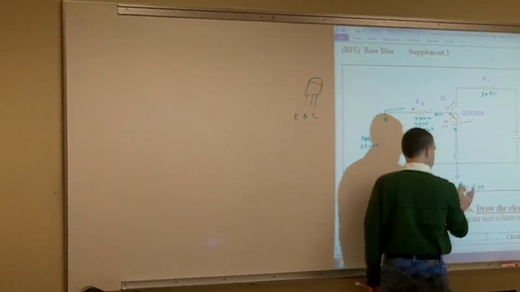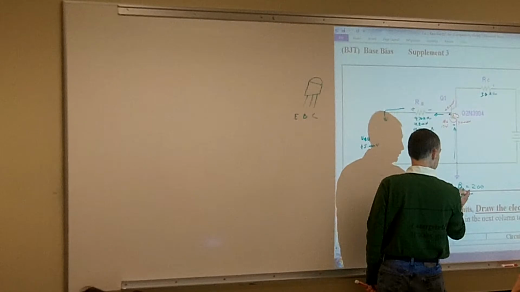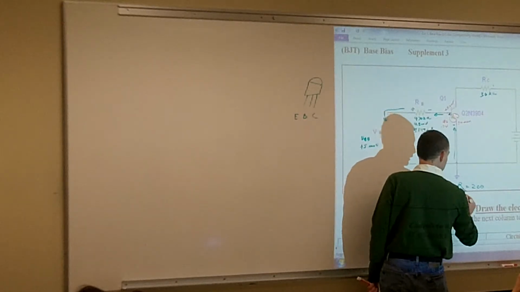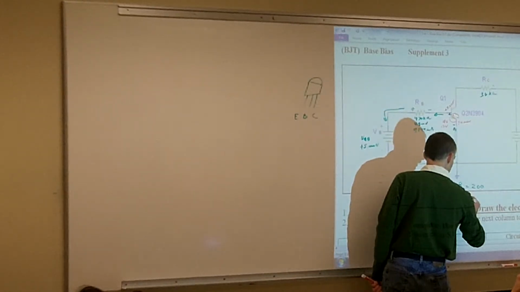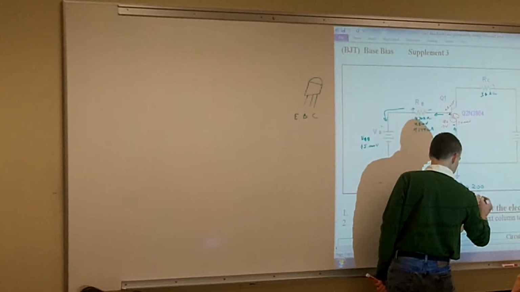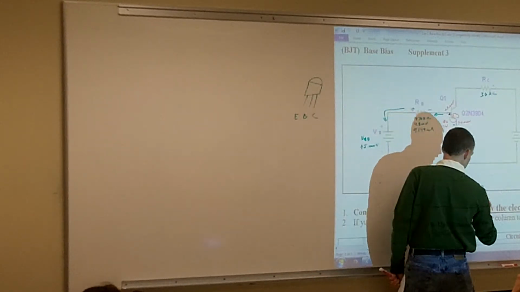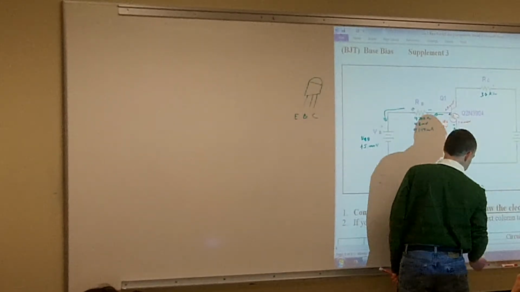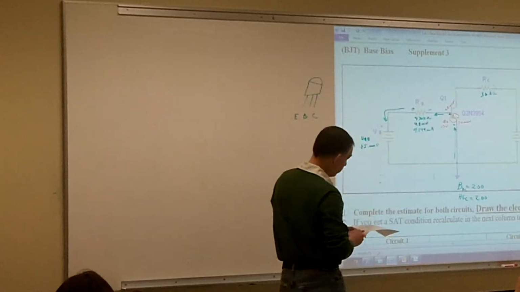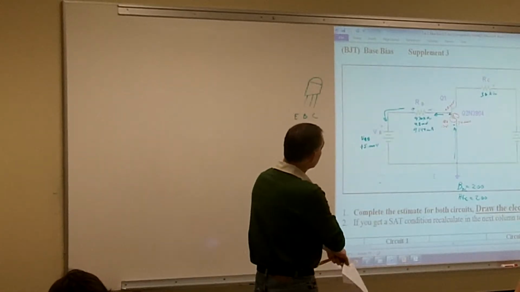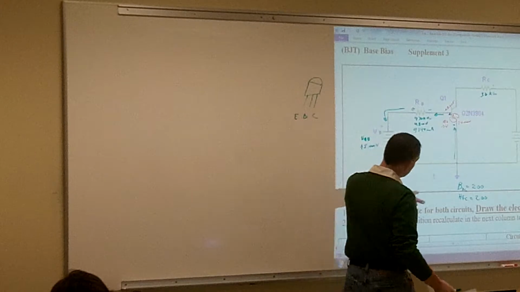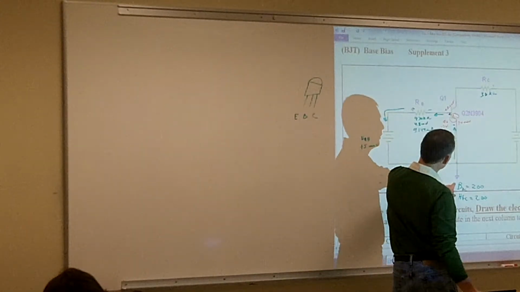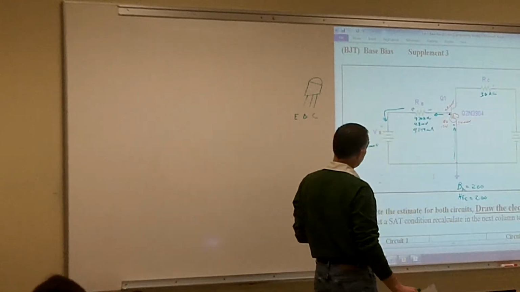We also have a beta AC, which is very close to the same as beta DC. It also can be called our HFE. That's our gain. So beta DC and HFE are one and the same on the data sheets.